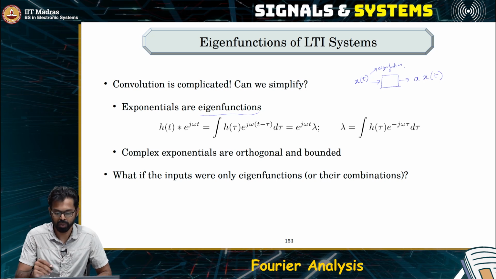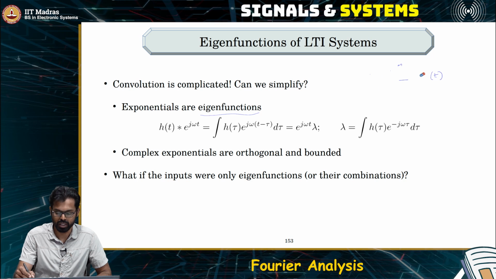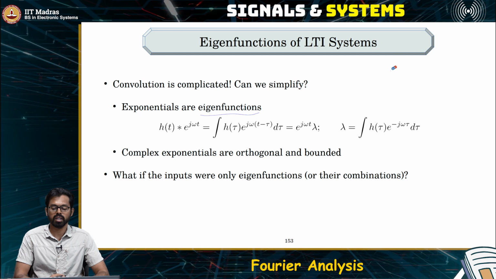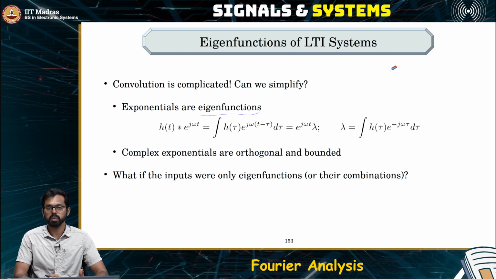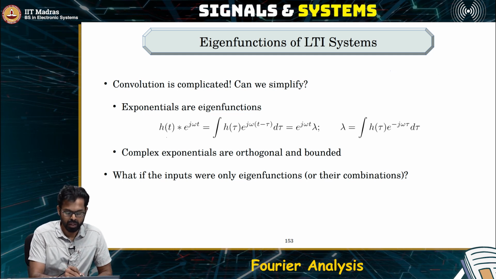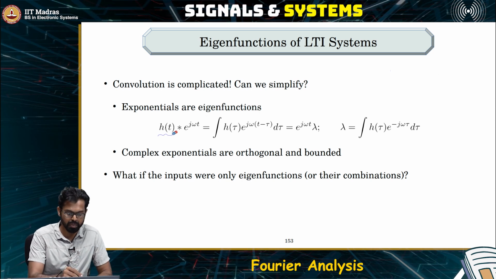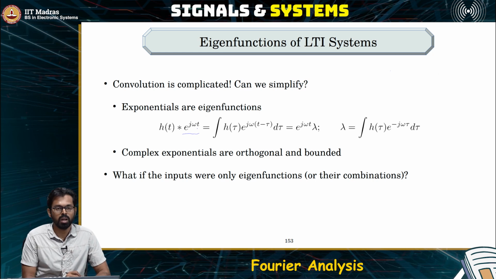Now we want to find out what would be an eigenfunction for our LTI systems. We already saw that the differentiator and integrator have an eigenfunction, which is the complex sinusoid. Will that also be the eigenfunction of LTI systems? Let's check that. Let's take an LTI system with an arbitrary impulse response and convolve that with our complex sinusoid.